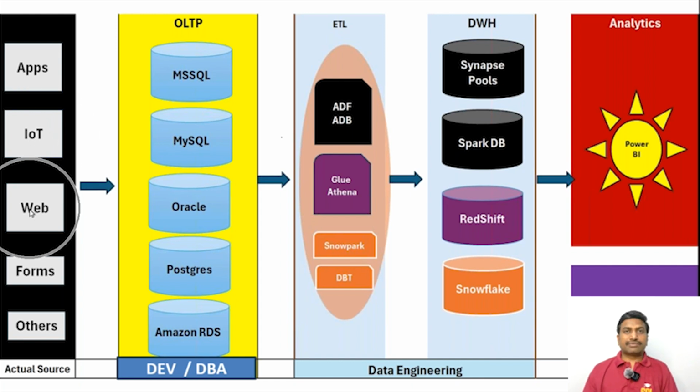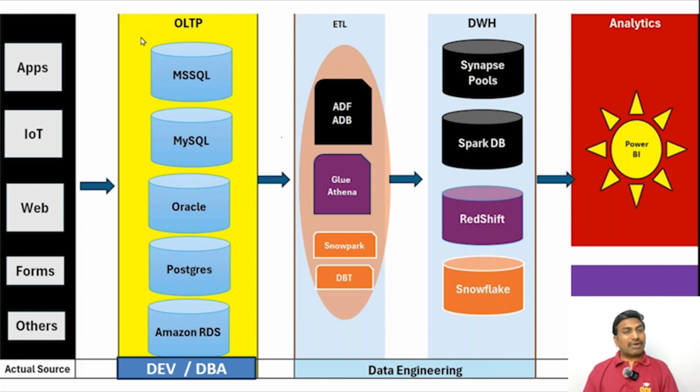Web applications, we have practical examples on this in our classes. Website forms, feeds, tweets, etc. All these are the sources of data in the real world. That data would be completely ingested into OLTP, online transaction processing databases.